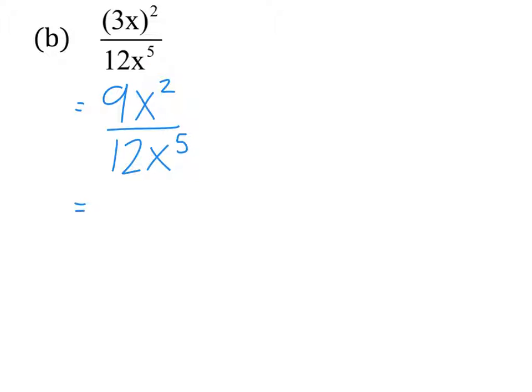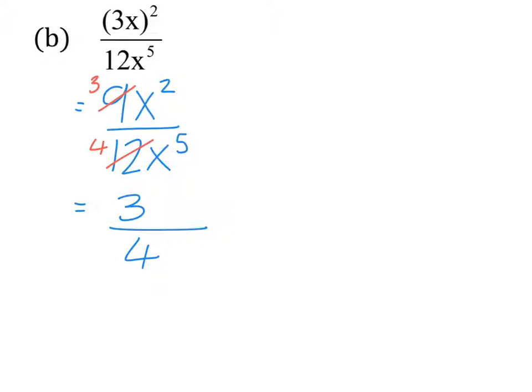So we can't divide 9 by 12, but what we can do is simplify here. So we have 3 goes into 9 3 times, and 3 goes into 12 4 times. So that leaves us with 3 on the numerator and 4 on the denominator.